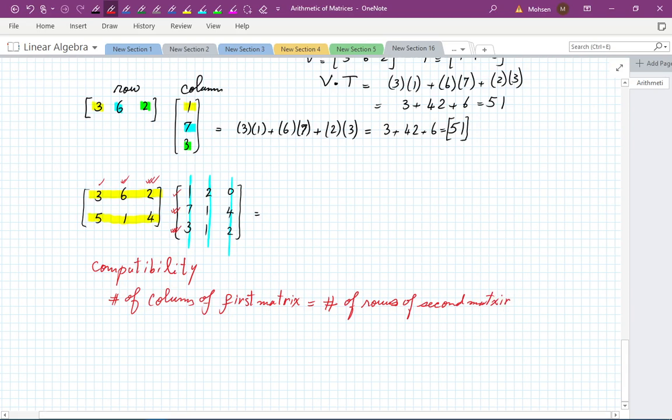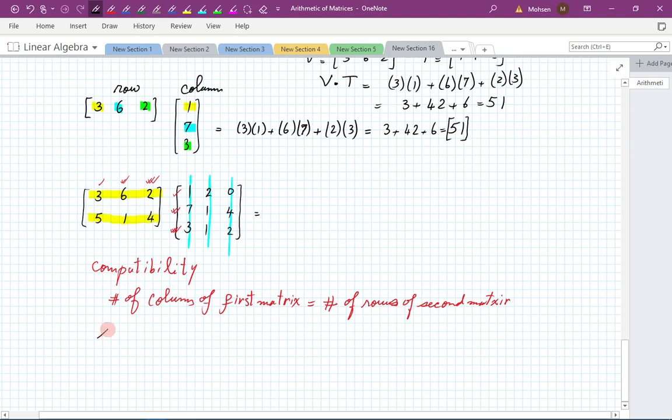And then, how about the size of what comes out? For each row here, you're going to have a row here. And for each column of that, you're going to have the number of columns here.